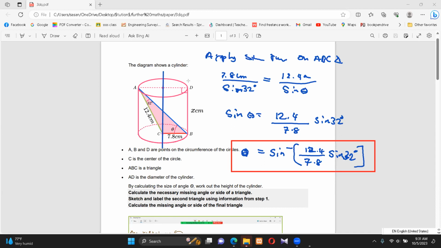Just compute the sine inverse of 12.4 over... Make sure whether your calculator angles are set into degrees or not. Otherwise, you have to convert that into degrees.